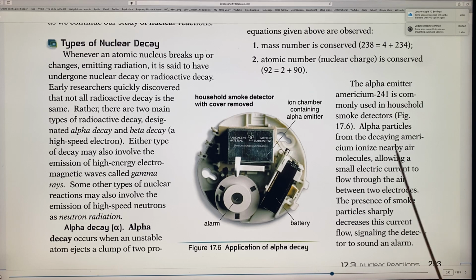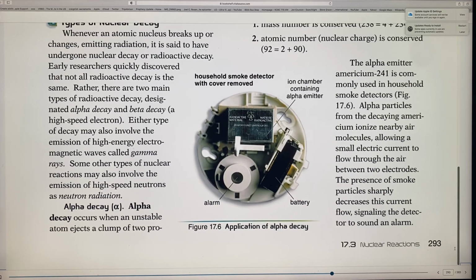The alpha particles from the decaying americium ionize nearby molecules, allowing a small electric current to flow through the two electrodes. So in the smoke detector, you have these electrodes giving off this positive charge with alpha particles. When smoke comes in, it decreases this current because the smoke gets in the way, since alpha particles are big. This causes the smoke detector to go off. Kind of neat. One thing we know is they use alpha particles in a smoke detector.